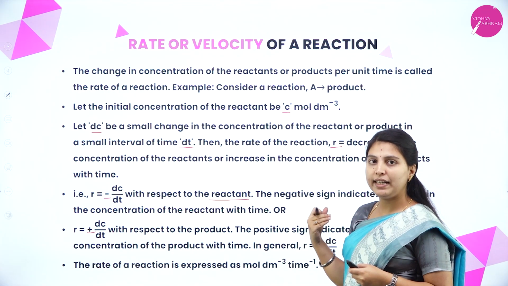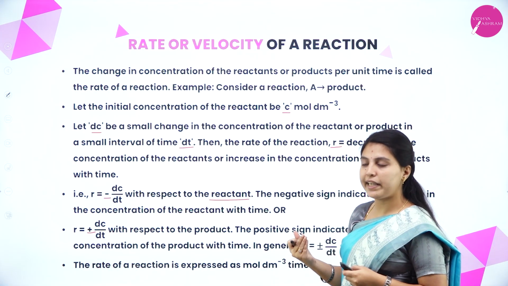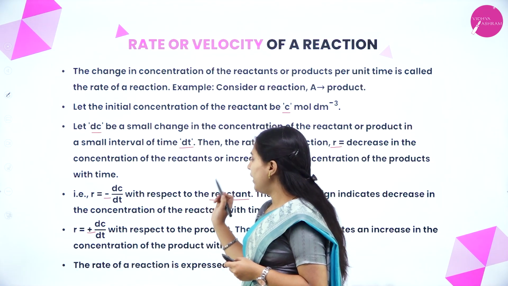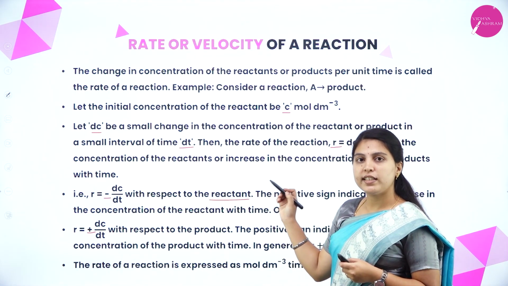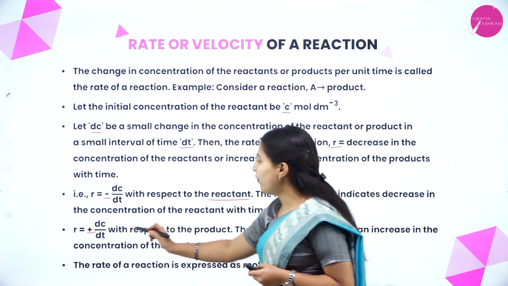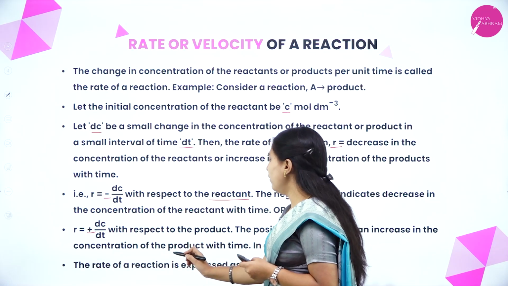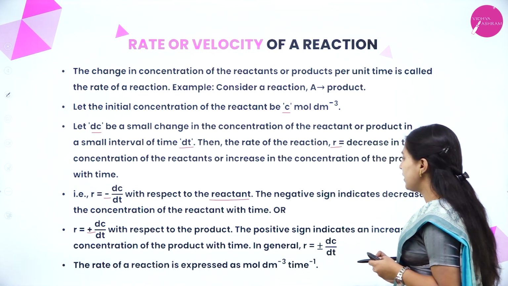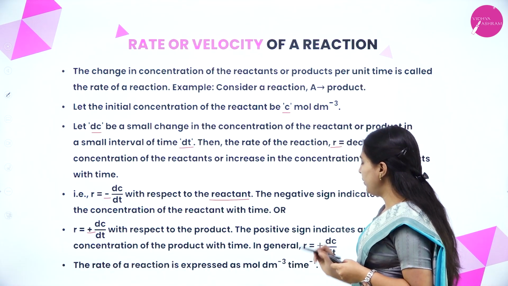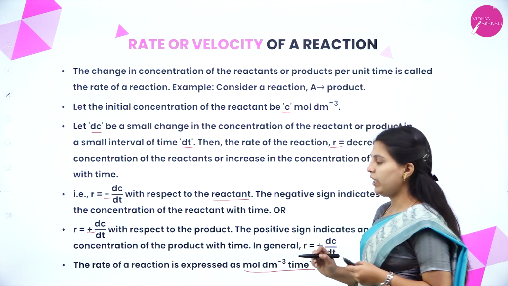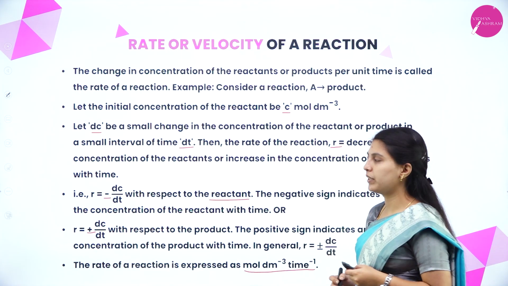If it decreases on the reactant side, the sign will be negative. If the concentration on the product side increases, the rate of reaction will carry a positive sign. The rate of reaction is expressed as mole per dm cube per time. This is the expression we will use for the rate of reaction.